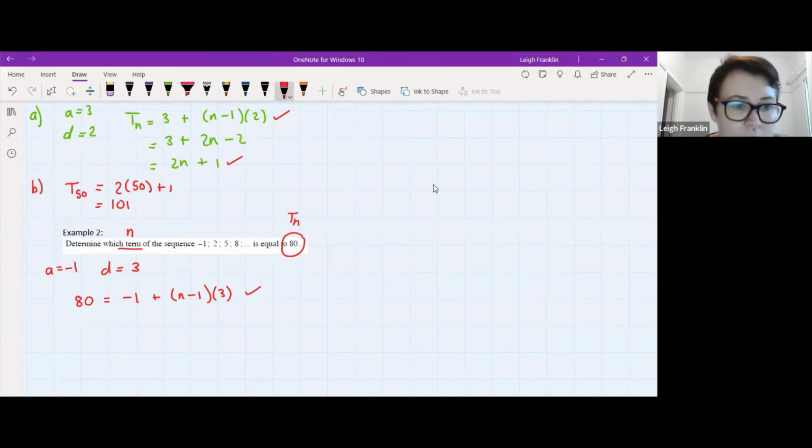I'm going to take that 1 over to the other side. So this is going to become 81 equals, expanding my brackets now, 3n minus 3. And then I'm going to have to add 3 to both sides. Okay, so this gives me 3n is equal to 84.